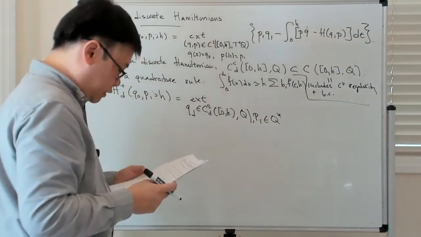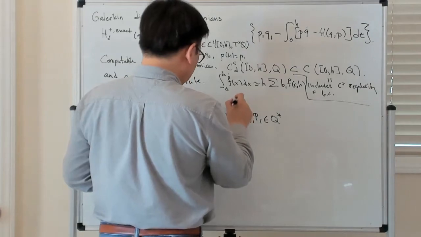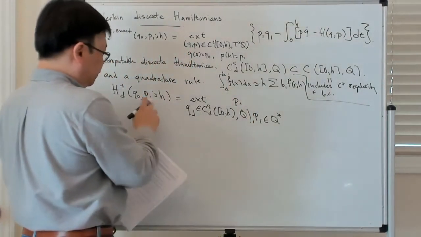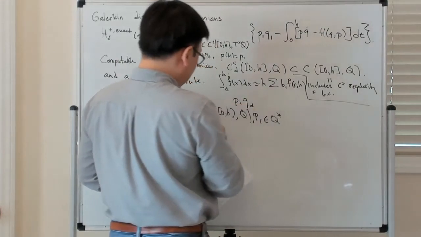So what you get then is you extremize over P1, because that's specified, and then you have Q_d, which is this curve.